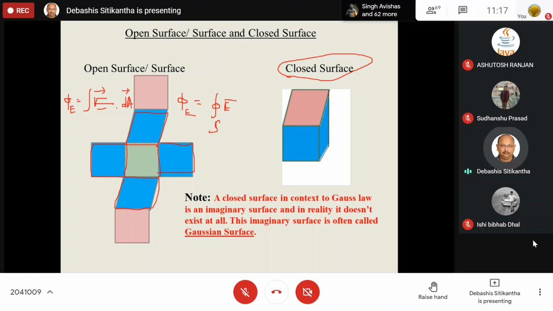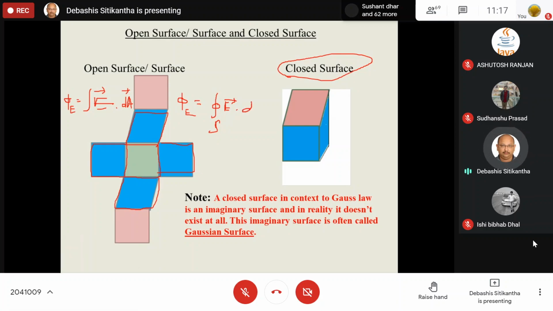Now obviously why is this modification there? Because previously it was an open surface and you modified it in a particular fashion, so you are getting a closed surface. Therefore, in order to represent that modification, we have introduced this closed integration. Previously it was a simple integration sign, now we are using a closed surface integration sign.